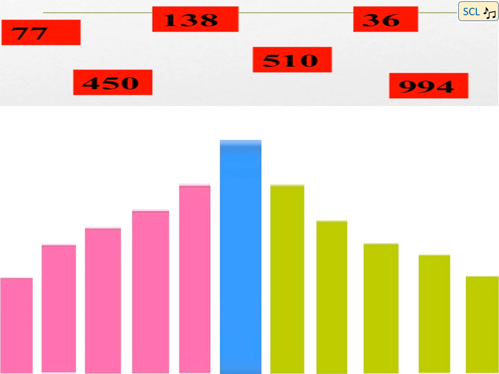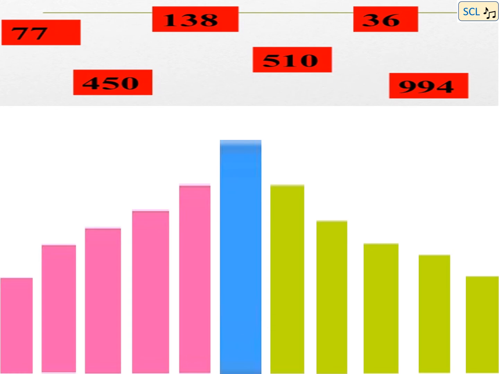The first step was, when we have different numbers of digits, we should count the number of digits first. So we have two 2-digit numbers and 4 3-digit numbers. So to write them in ascending order, first of all the 2-digit numbers have to be written. The 2-digit numbers are 77 and 36.